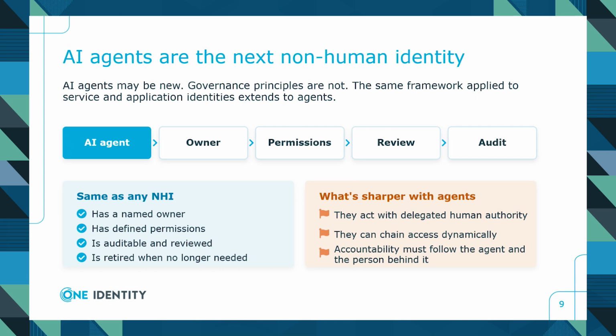Where agents differ, and worth saying out loud, they act with delegated human authority and they can chain access dynamically. The governance framework doesn't change, but the accountability question gets sharper. You need to follow both the agent and the person it acts for. And this ties back to some earlier material I've produced on identity and access management for AI.